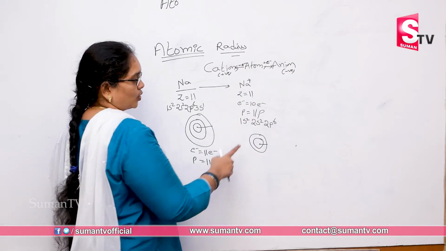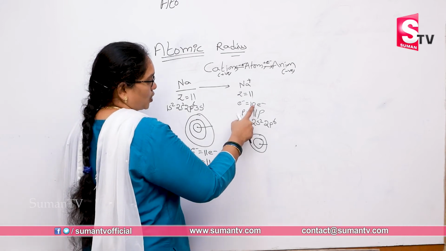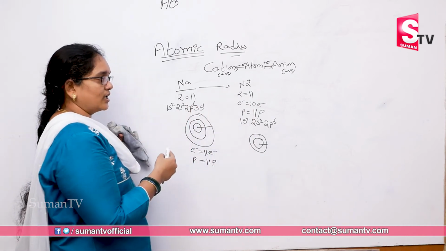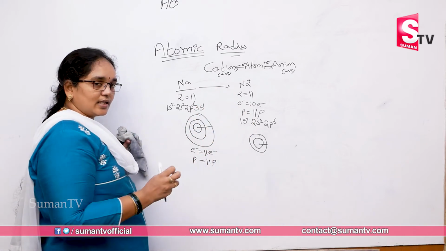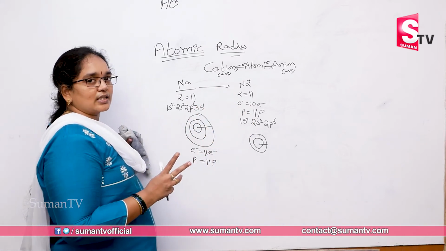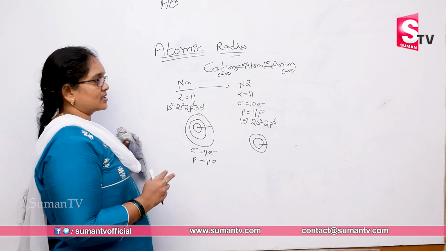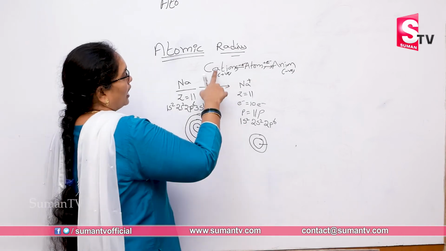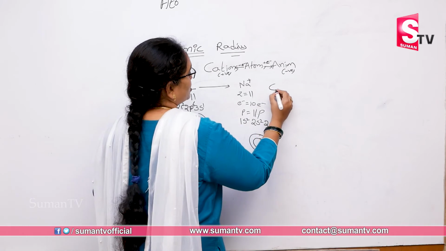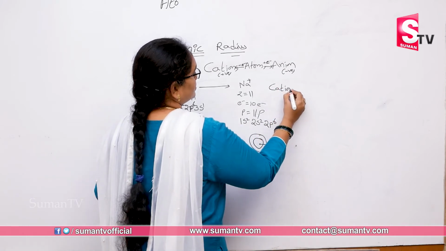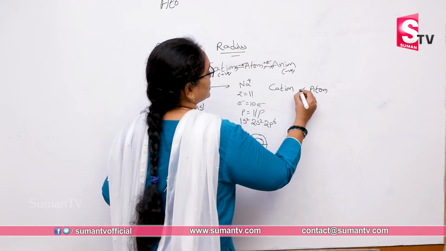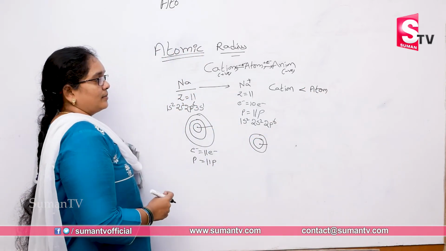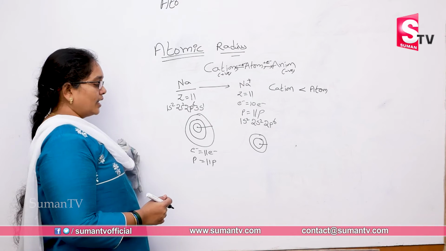Due to the increase in nuclear charge, as we discussed earlier, as the nuclear charge increases, atomic radius decreases. Then between the cation and the atom, which has more size? The atom has more size than its cation.